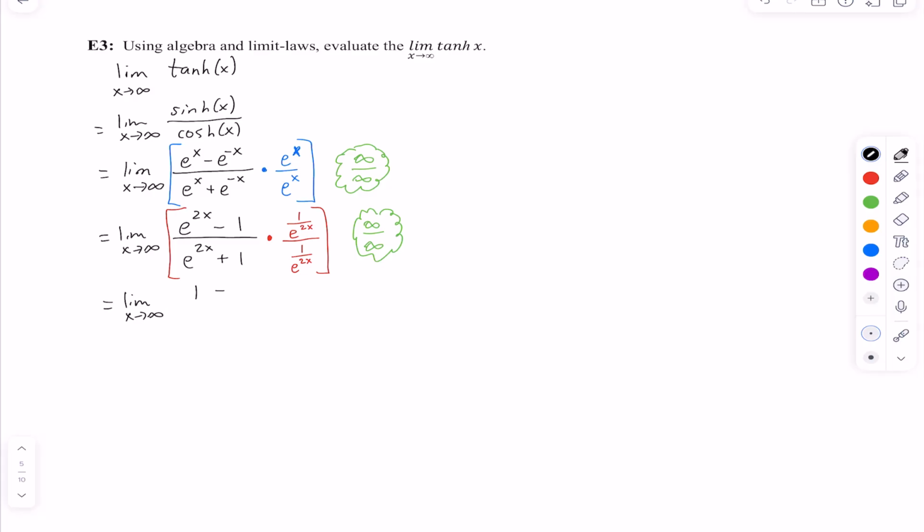And remember, with limits, you want to be 2 steps ahead, so we got to check the form again. So the first step ahead is to check the form in the numerator. The form in the numerator is going to be 1 as x gets very large, and the form in the denominator is going to get very close to 1 as x gets very large. Now this is a determinate form.